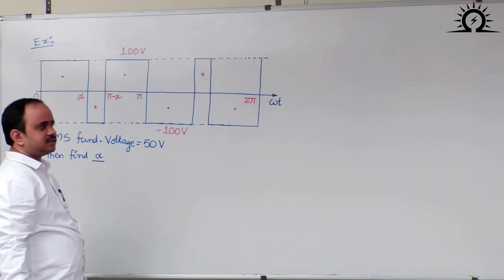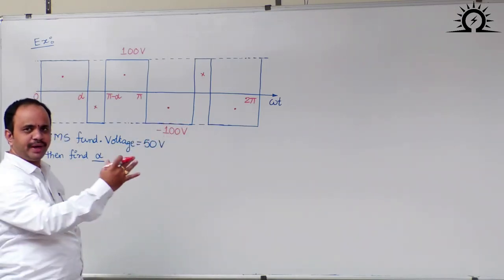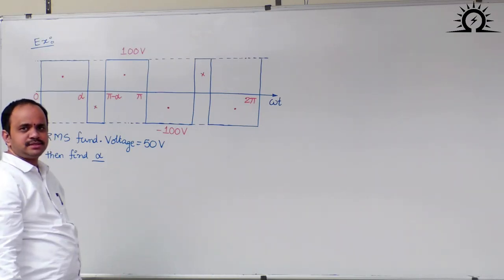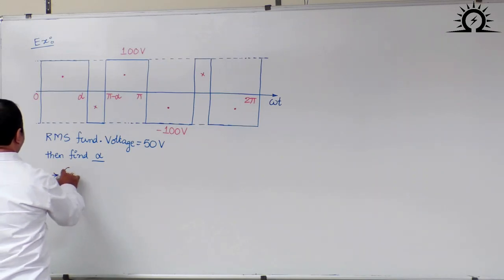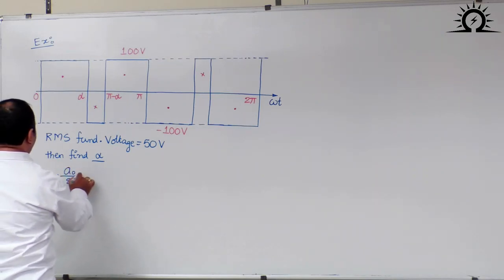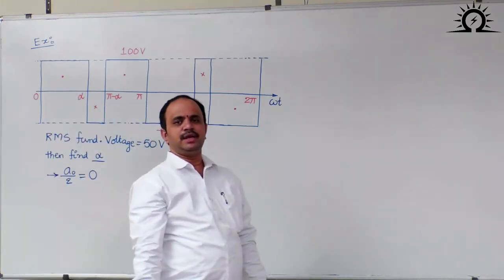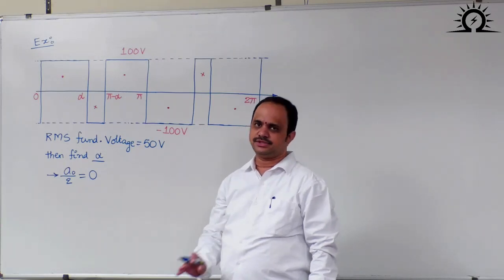What do you mean by that? In one cycle, from 0 to 2 pi, the net area under the waveform is 0. Therefore, A naught by 2 is equal to 0. In other words, the DC component is 0.